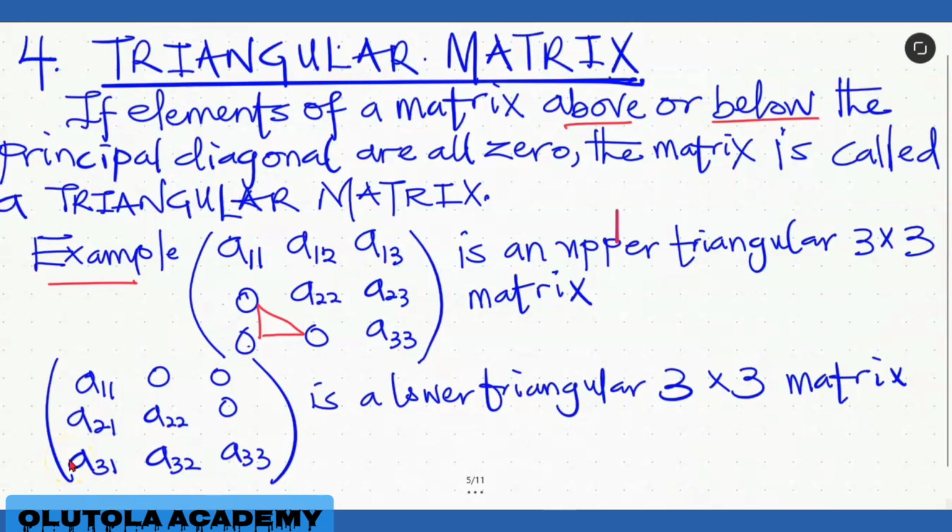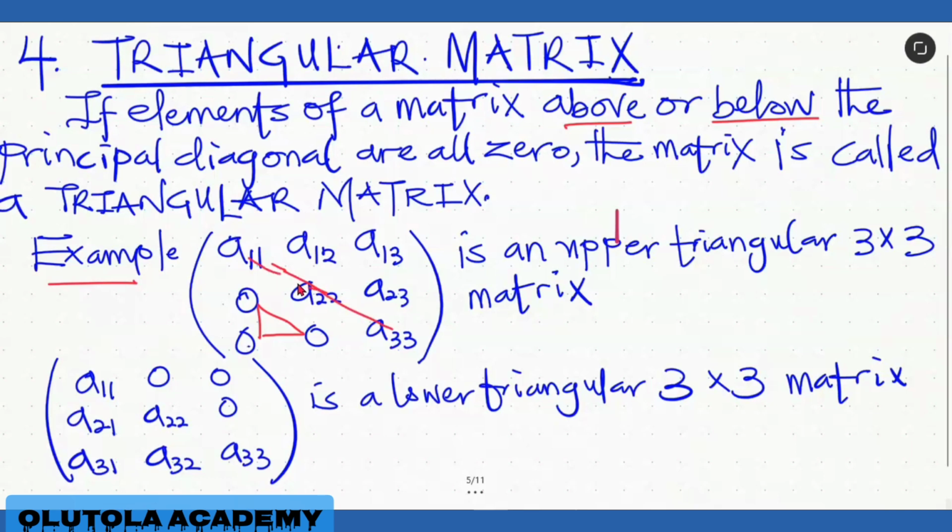So the fourth type of matrix I'm going to be showing you is the triangular matrix. If the elements of a matrix above or below the principal diagonal are all 0, the matrix is called a triangular matrix. As in this example, A11, A22, A33 is the principal diagonal.